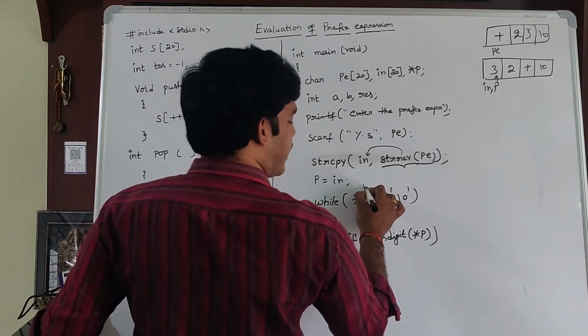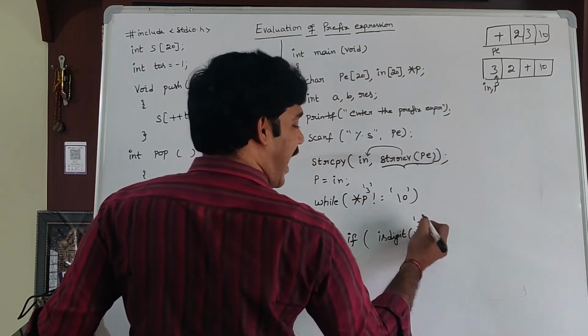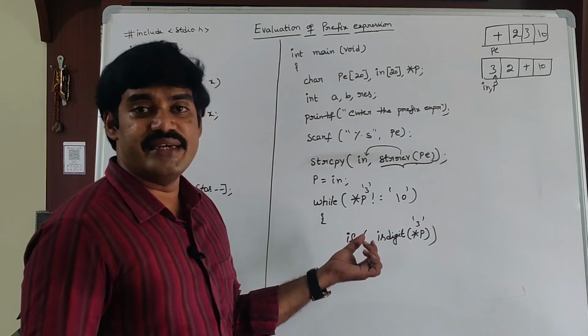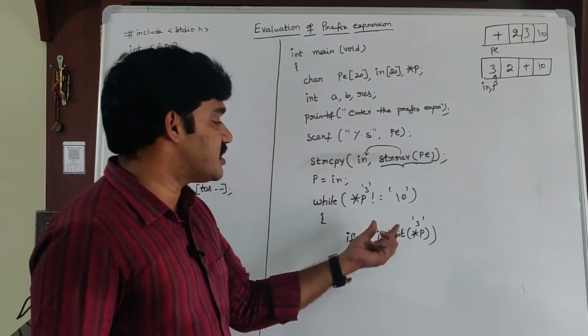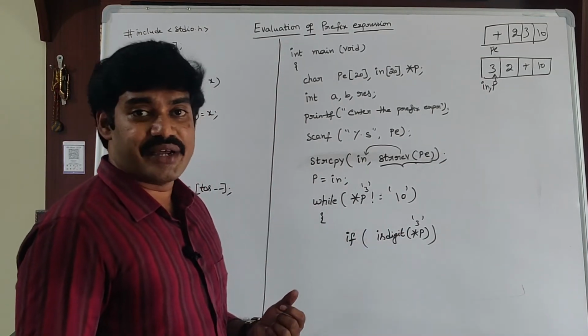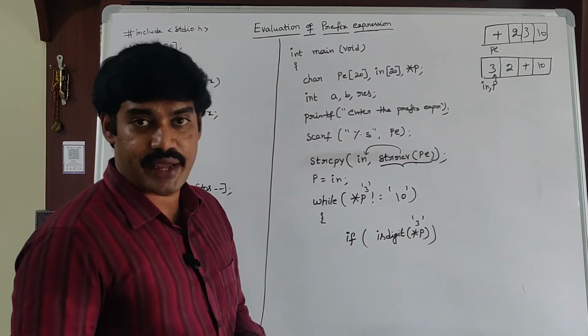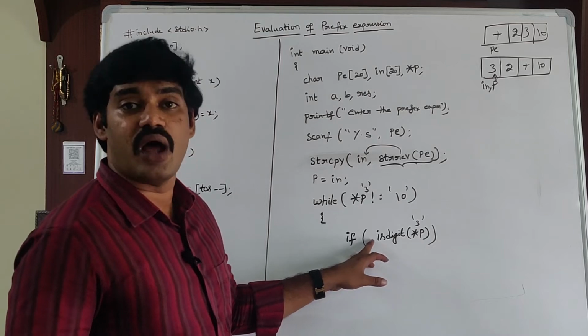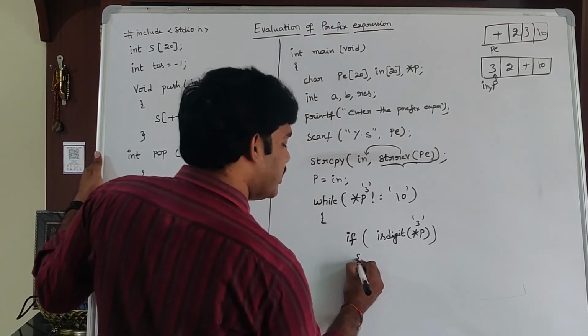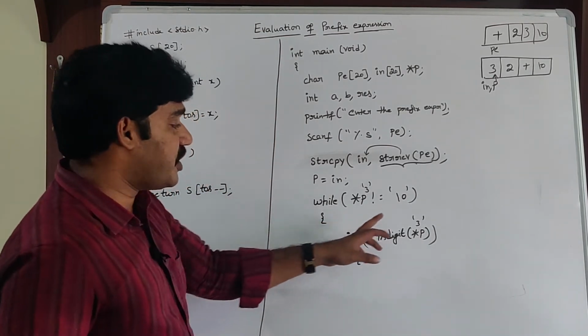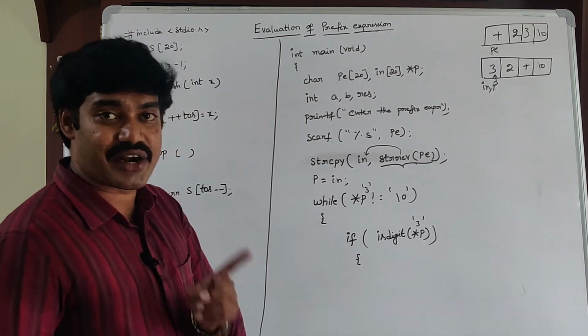Here 3 is not a digit, 3 is a character constant. isdigit is a predefined function which checks whether the character 3 is in between 0 to 9 or not. Yes, it is in between 0 to 9. That's why it returns non-zero. If of non-zero means condition is true.